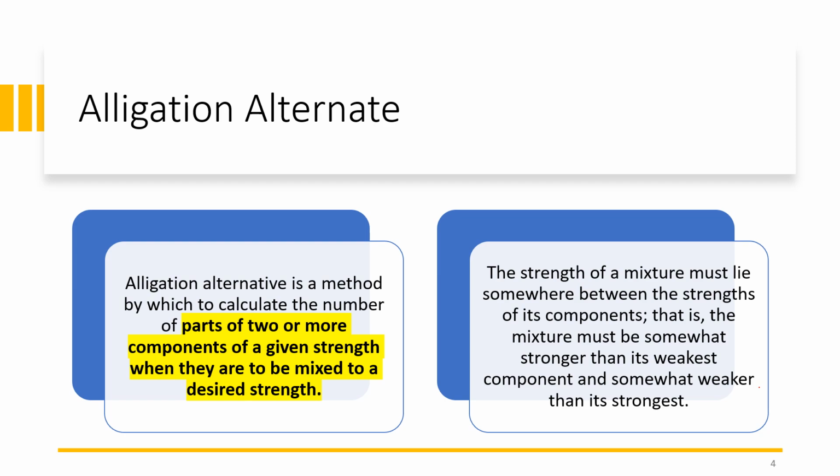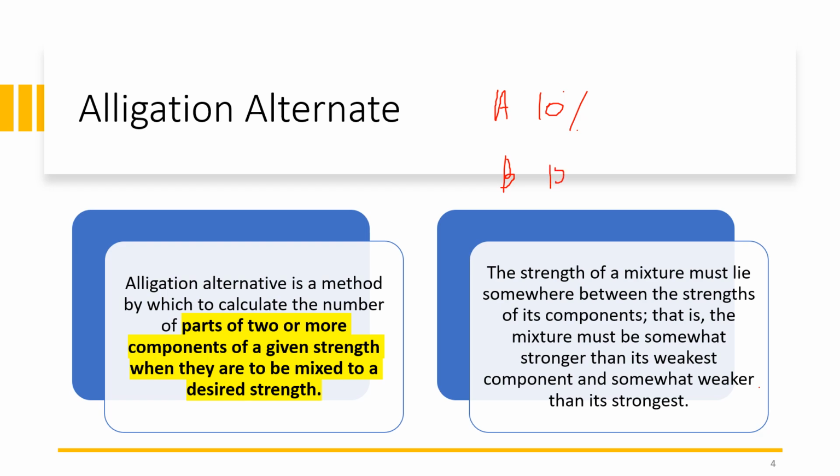For example, you have compound A with a strength of 10%, let's say, and then you have compound B with 15%.